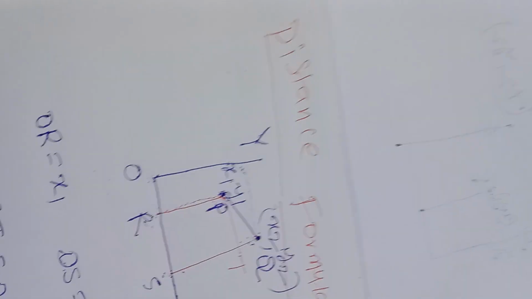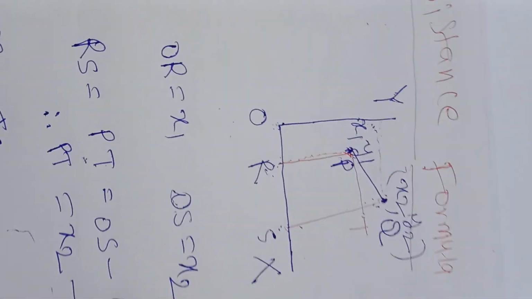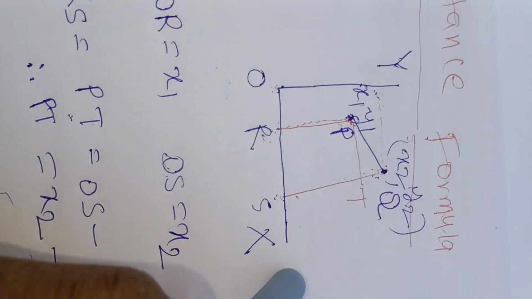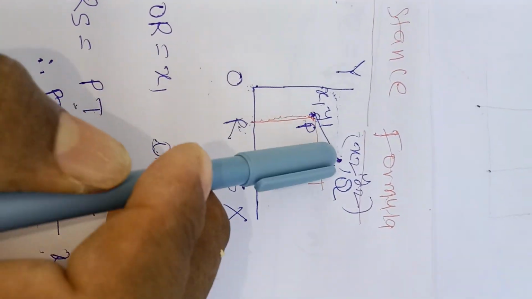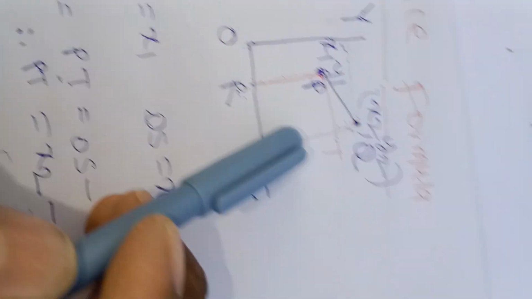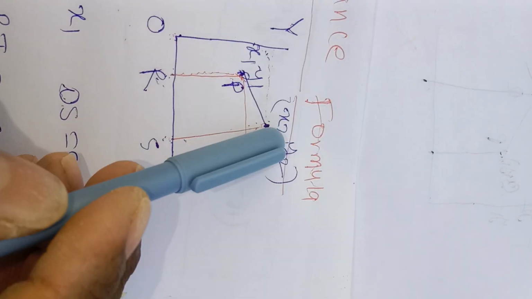I am revising. This is a graph, this is the x-axis, this is the y-axis. Between these two points P and Q, we have to find the distance.